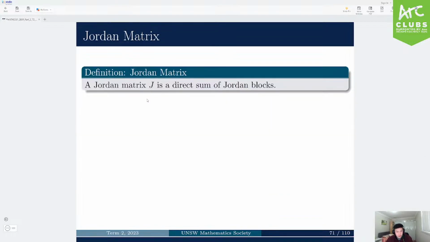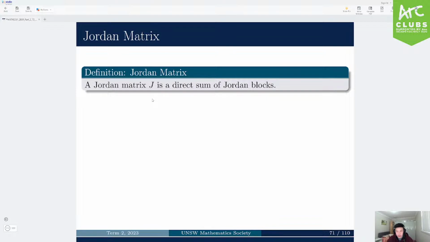And the definition here we have is a Jordan matrix. So a Jordan matrix J is simply a direct sum of Jordan blocks. The reason why we define a Jordan matrix is because later down the line we can actually see that every single matrix can be reduced down to a Jordan matrix.